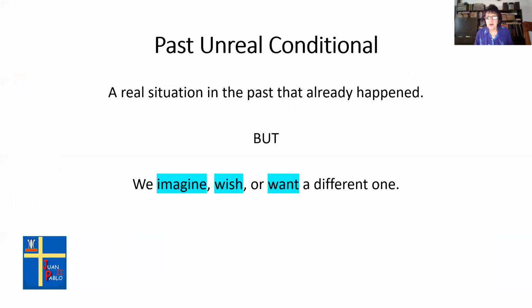Okay, so we use the past unreal conditional to talk about the real situation that happened in the past, that already happened. It already passed. It's in the past. But we imagine or wish or want a different situation.